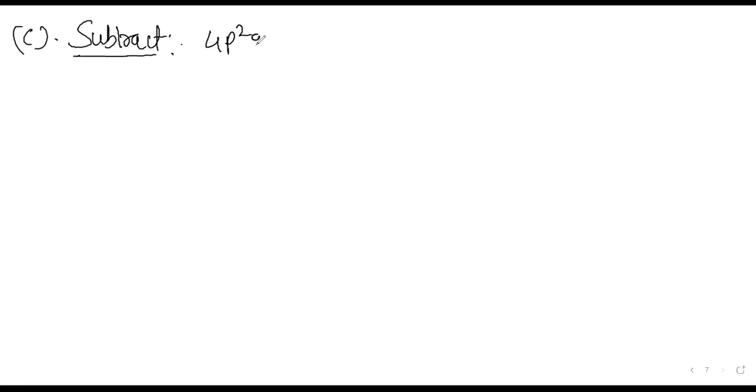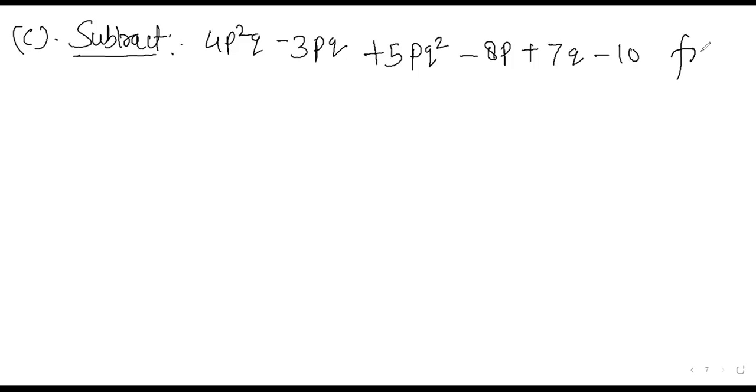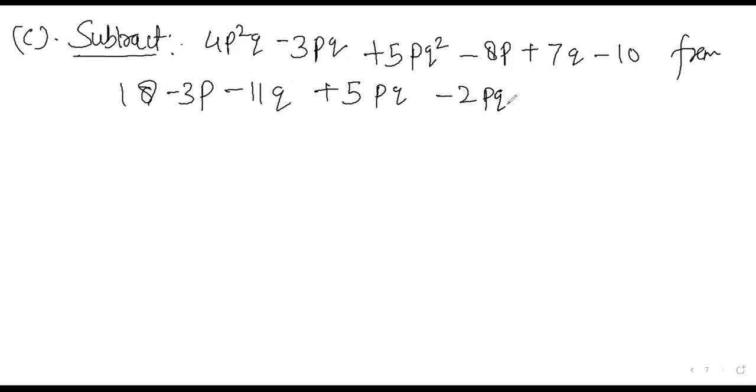4p square q minus 3pq plus 5pq square minus 8p plus 7q minus 10, subtract this from 18 minus 3p minus 11q plus 5pq minus 2pq square plus 5p square q.